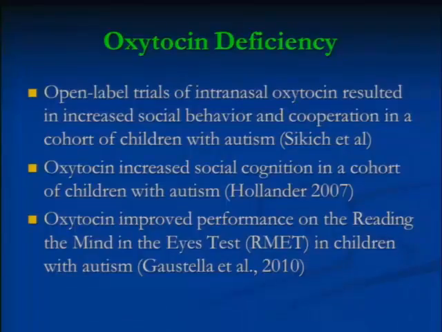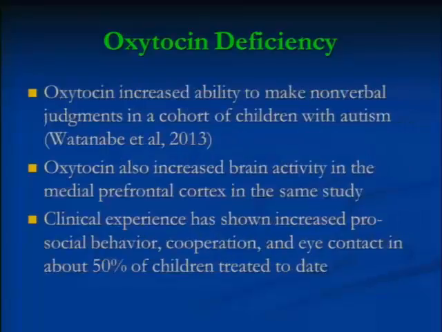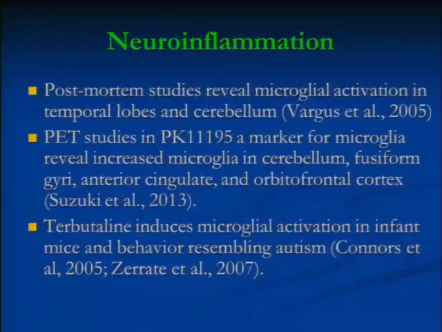You know this test? It's a test that's used for fMRI studies. It increased the ability of children to make nonverbal judgments during an fMRI test, and you see increased medial prefrontal cortex activity with that. So this is an interesting thing to explore. And some of my children respond. About 50% had better eye contact, increased socialization, increased cooperation.